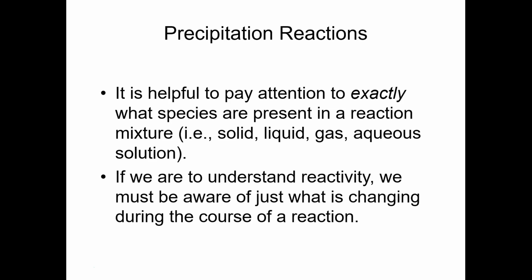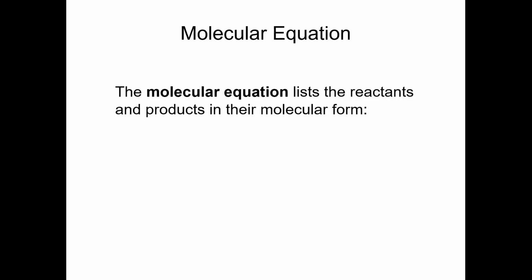If we're going to understand what's happening in a particular precipitation reaction, we have to be aware of what is changing during the course of the reaction and what is not changing. That leads us to a set of equations known as molecular equations, ionic equations, and net ionic equations. So let's go back to our potassium chloride plus silver nitrate reaction.